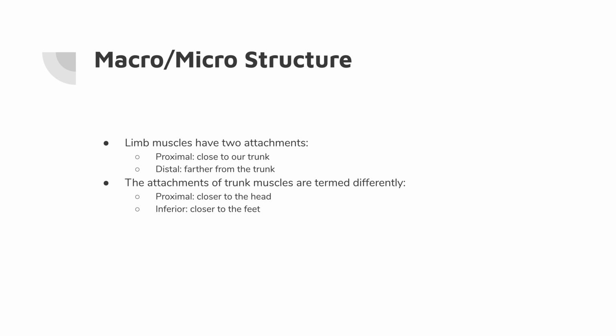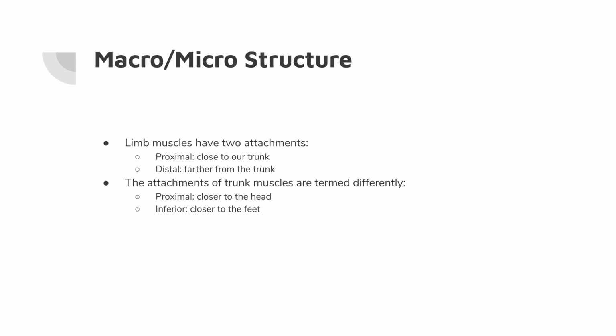We also have different names for trunk muscles. Okay, again, it's a muscle. The majority of them are going to have two attachment points, or an origin and an insertion as we term it, but we're going to use a little bit of a different nomenclature for that. We're going to talk about proximal and inferior. All right, so proximal would mean closer to the head, and inferior would mean closer to the feet.